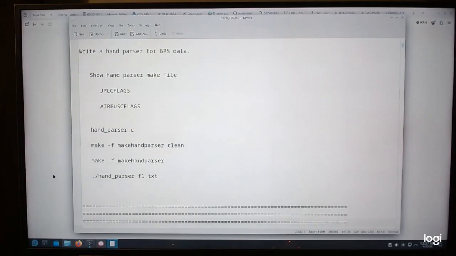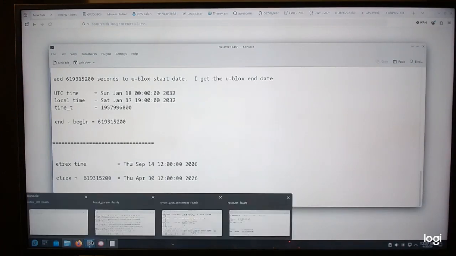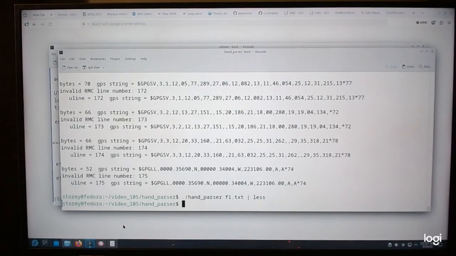The hand parser, I kind of showed it. Let me just show you. I did not show you the flags. My hand parser, here's my hand parser.